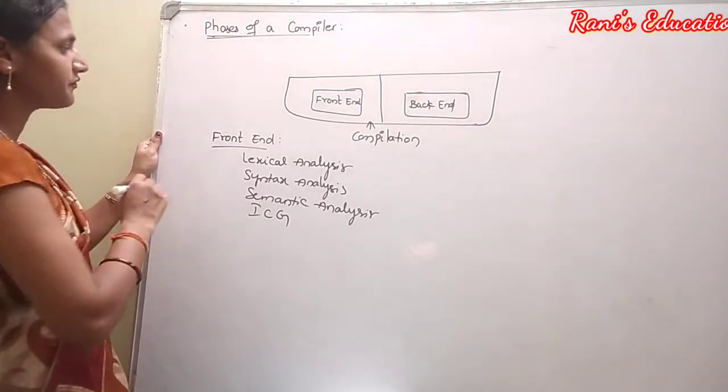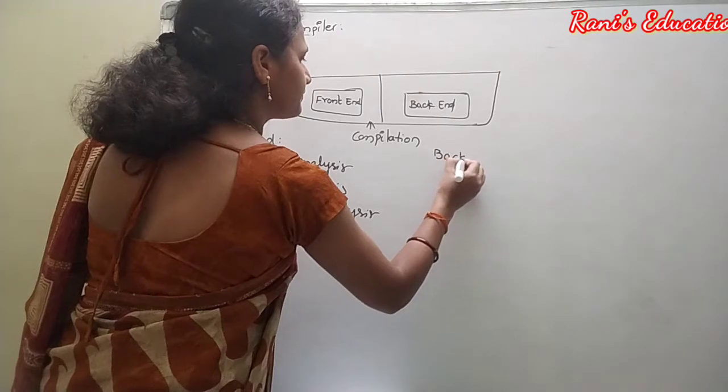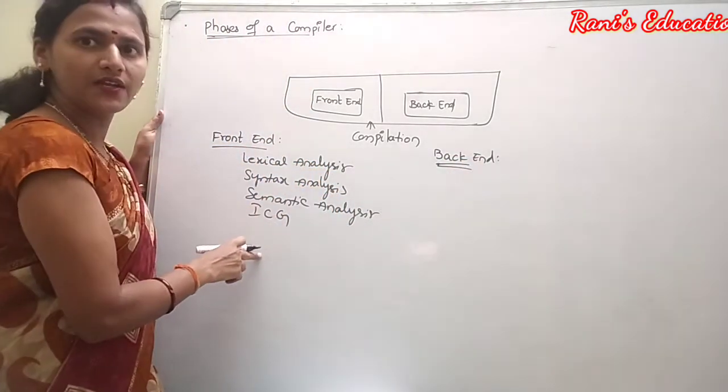Then the backend of the compiler consists of code optimizer and code generation.